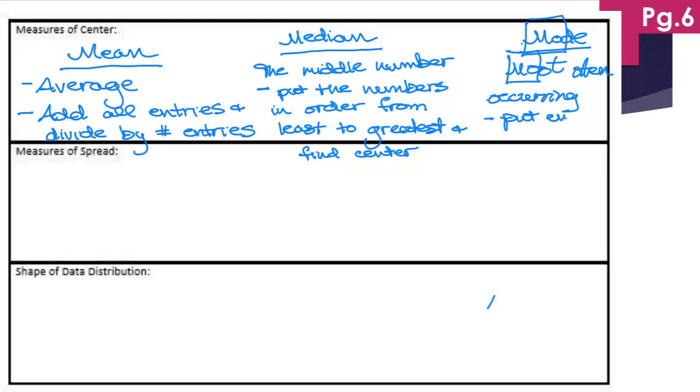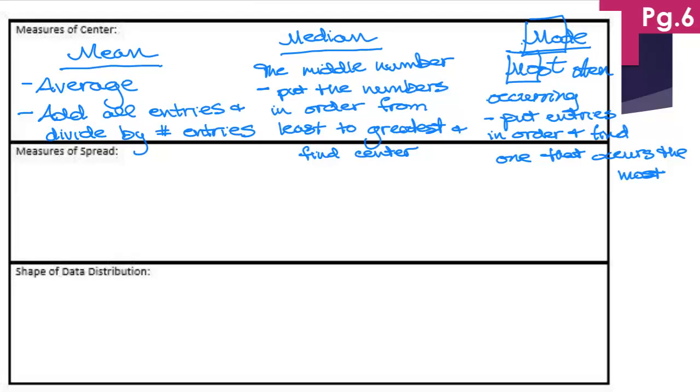So put your entries in order again and find the one that occurs the most. So mean is the average.